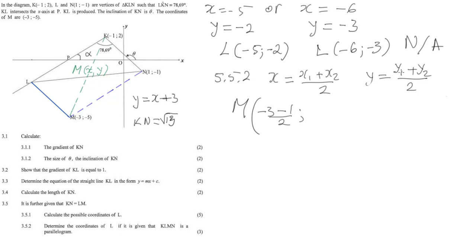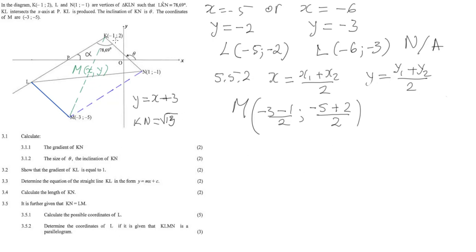Then we have y2, which is minus 5, and then plus 2, all divided by 2. Yes, I think it's correct.